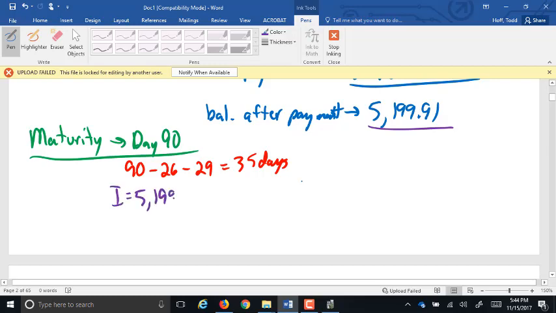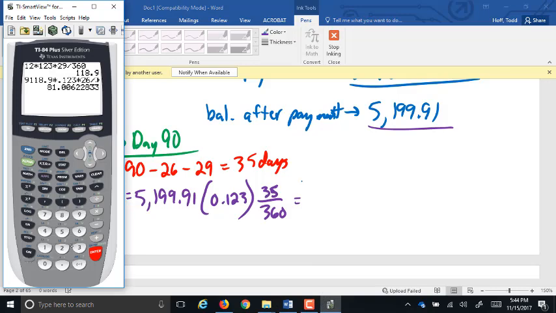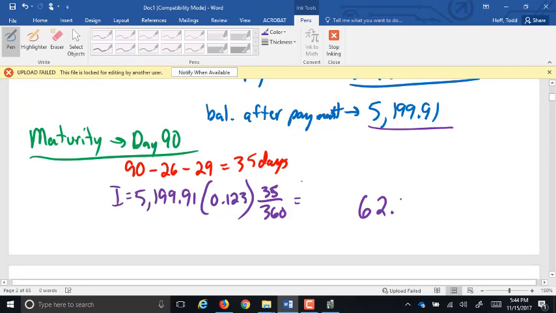So $5,199.91 times the 12.3%, so 0.123, times 35 over 360 equals $62.18. Does that look right?